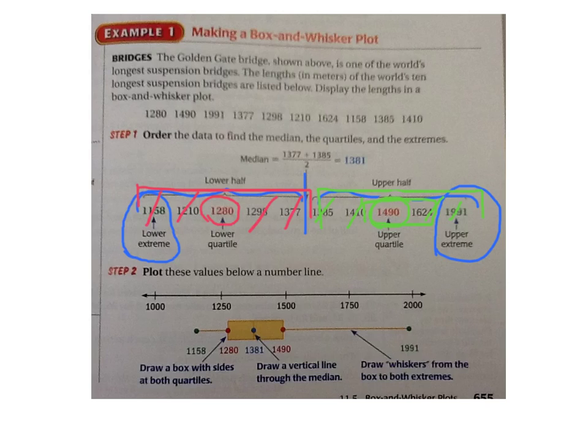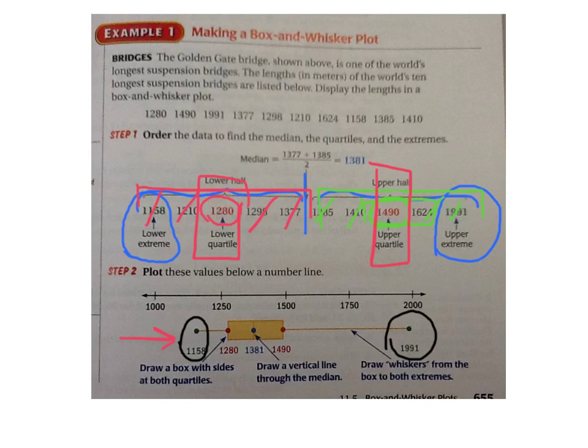And then the red dots and the red numbers, those are representing your lower and upper quartiles, the middle of your lower half and the middle of your upper half. And those are your red dots down here on this yellow box and whisker plot. And then, of course, your other dots are these black ones down here at the ends. These are your extremes.